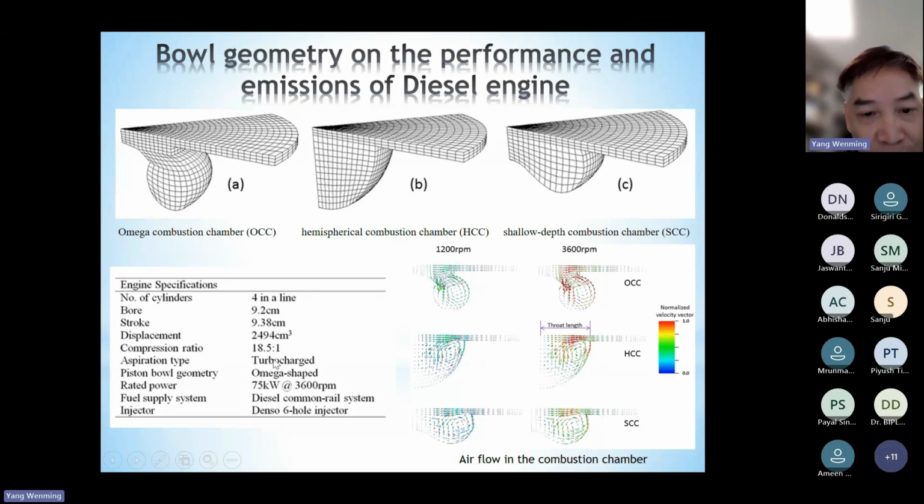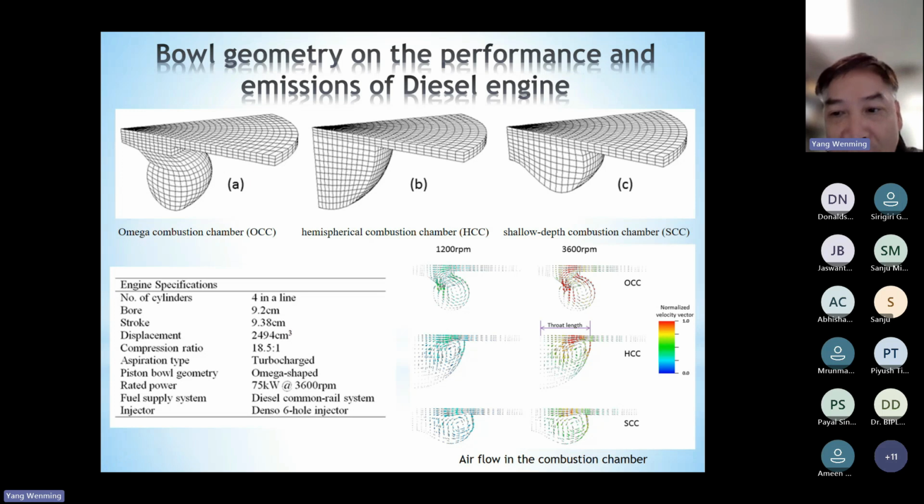Here we have a turbocharger, and the original design of the piston bowl geometry is omega shape. The rated power is 75 kilowatts at 3,600 RPM. The fuel supply system is a diesel common rail fuel supply system, and the fuel injectors have 6 injection holes each.